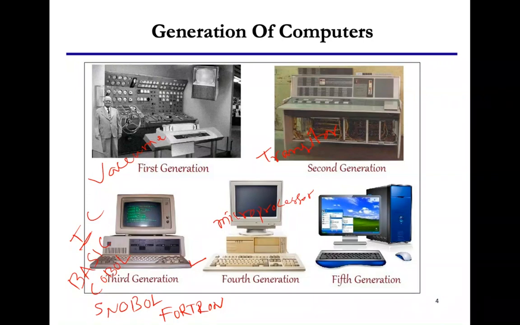Right? So the fourth generation computers used very large scale integrated circuits technology, also known as VLSI technology. After the invention, the microprocessor began to be used in computing machines in the fourth and fifth generations of computers.